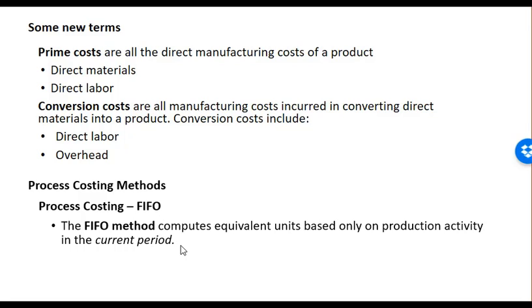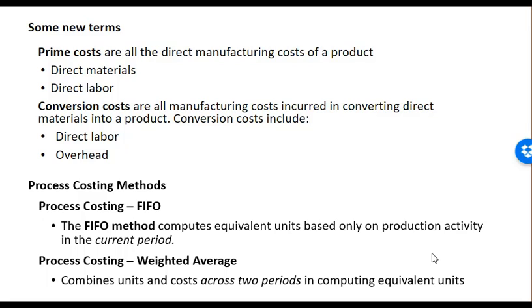The FIFO method computes equivalent units, and we're going to learn these are equivalent units of production based only on production activity in the current period. And we're also going to have another method of process costing, which we call the weighted average method. The weighted average method combines units and costs across two periods in computing equivalent unit values.